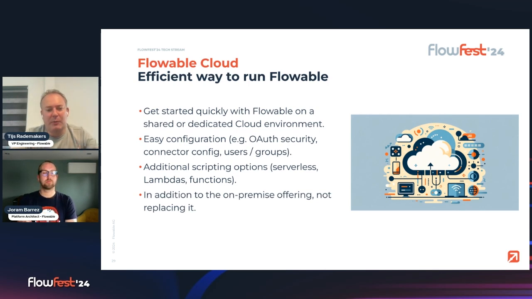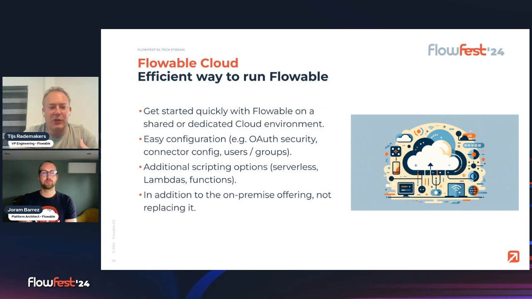And what we want to be better on is to have better configuration support, so that if you have OAuth security for the services you are connecting with, you can do that easily, that you have an easy way to configure your users and groups, and an easy way to connect with SharePoint, Salesforce, or other connectors, so that it's just a smooth experience.